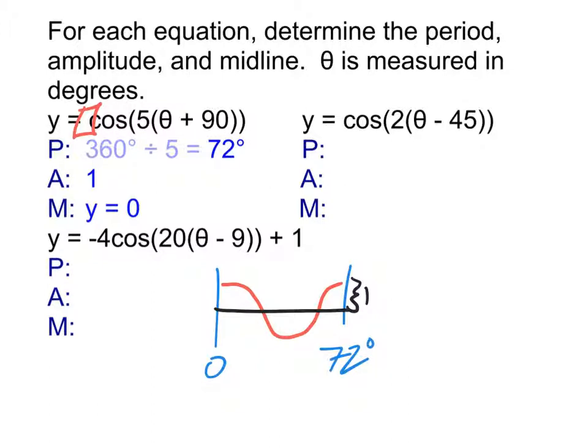And then finally, for the midline, remember, yes, it is y equals because it's actually a line, not just a number. But this is determined by our vertical shift, however far we move it up or down. Now, since there's nothing added on the end here, that's why it's a 0, telling us that this midline here is at y equals 0.